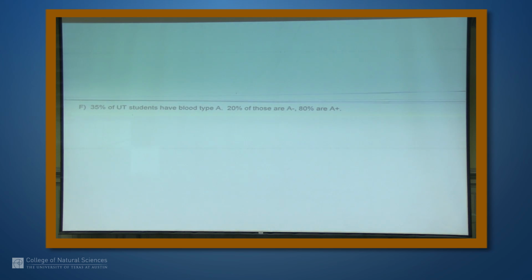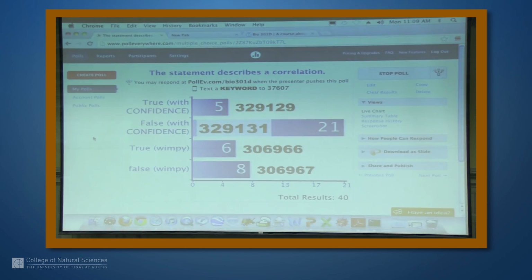This one, I would consider to be a challenge. Use whatever means are at your disposal to sort this through. 35% of UT students have blood type A, 20% of those are A-, 80% are A+. I've got to clear out the poll.